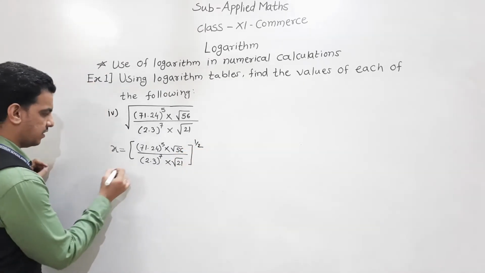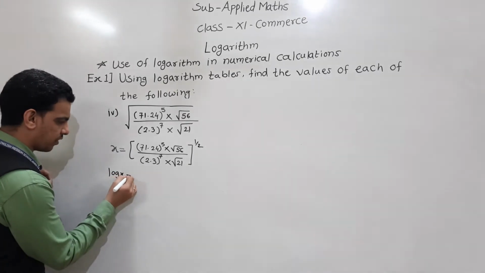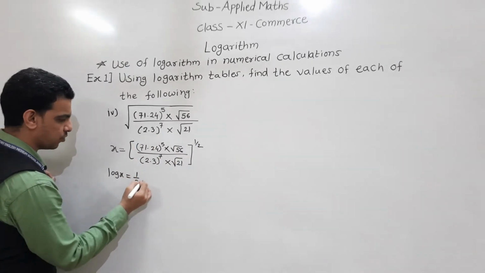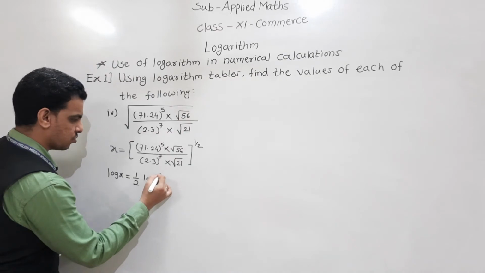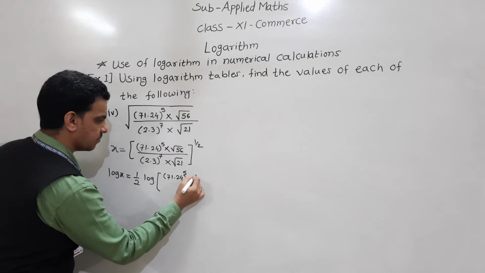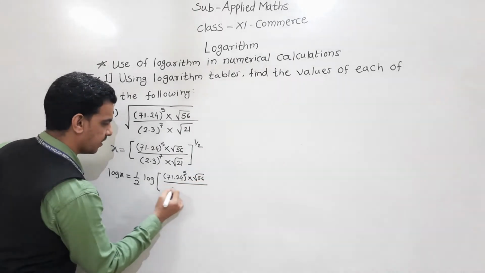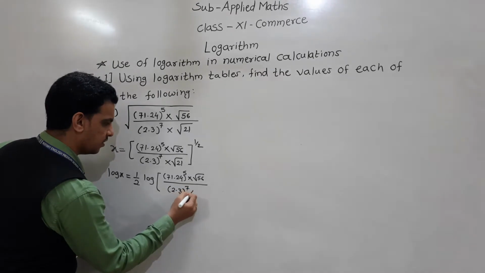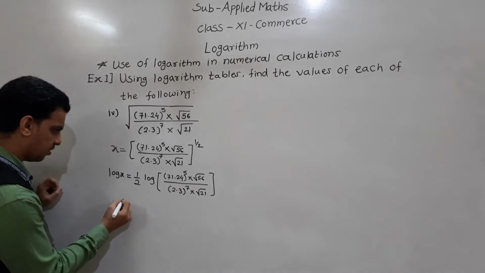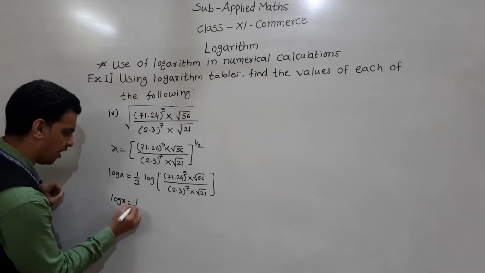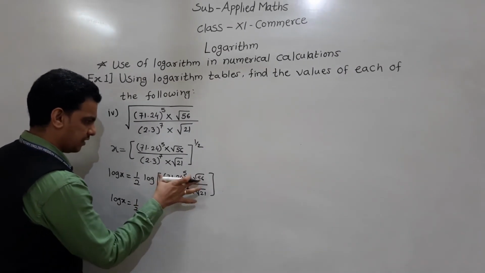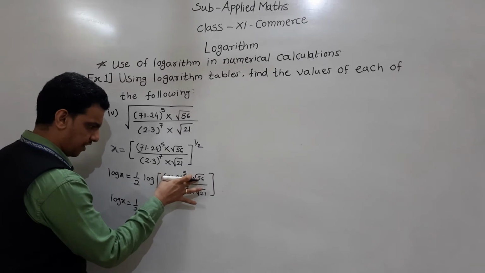Okay, then take log on both sides. So log x is equal to, this power become coefficient, so 1 by 2 into log of this number. So it is 71.24 raised to 5 multiplied by root 56 divided by 2.3 raised to 7 multiplied by root 21. Okay, now log x is equal to half into log of, this is m and this is l, so log of m by l.